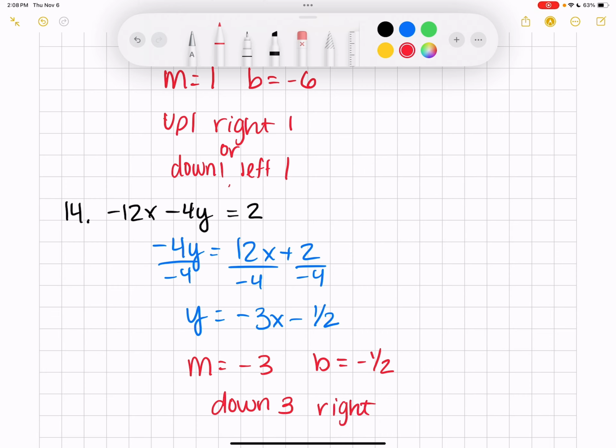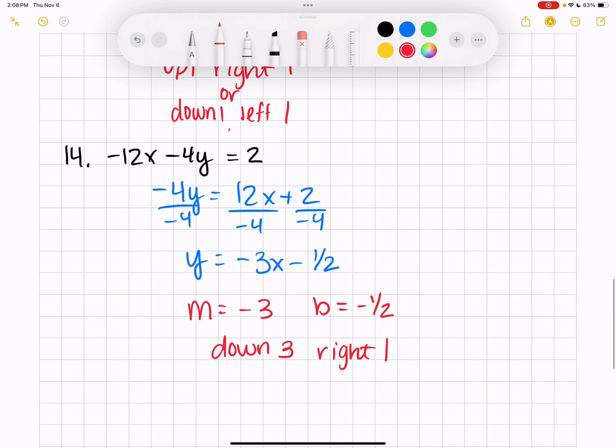That's what I said, and then you didn't respond to it. Down 3, right 1, or you can say up 3, left 1. Okay, that's your other option if you want to read it that way.